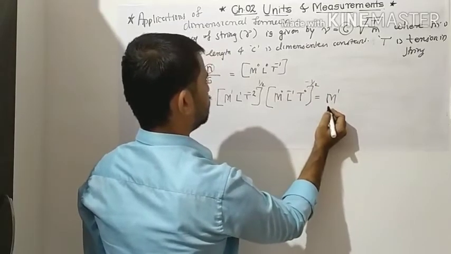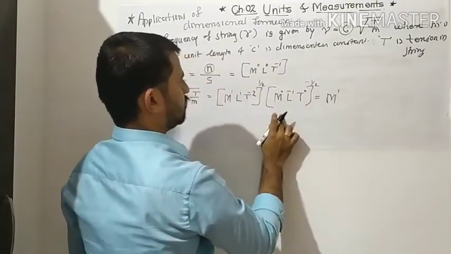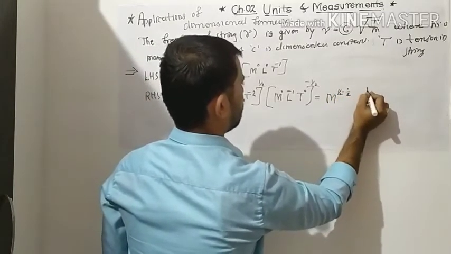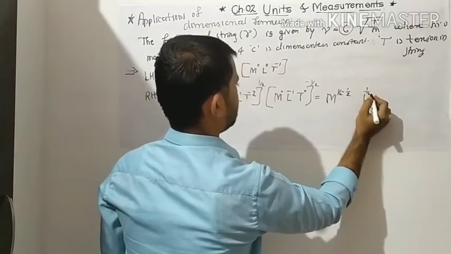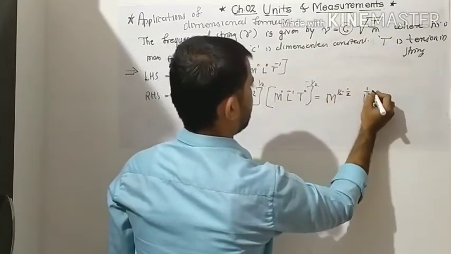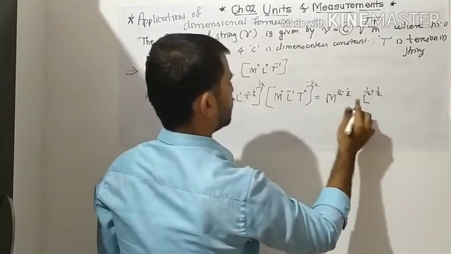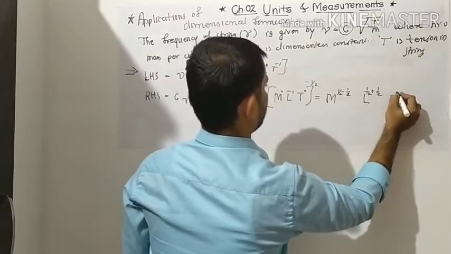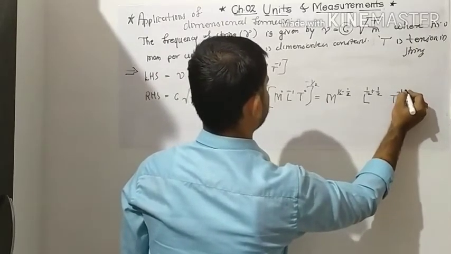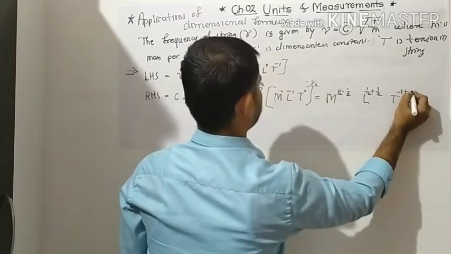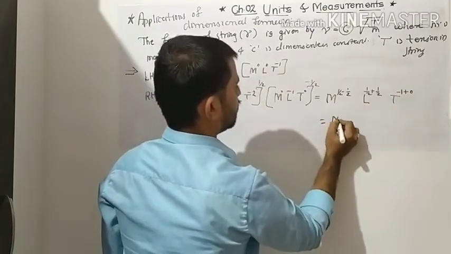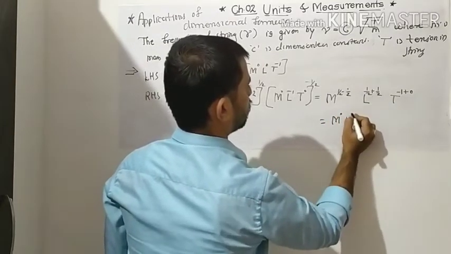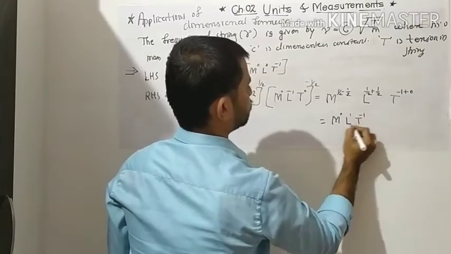So m raised to 1 half minus half, then l raised to half plus half, minus minus will get plus, plus t raised to minus 1 plus 0. So we will get the formula as m raised to 0, l raised to 1, t raised to minus 1.